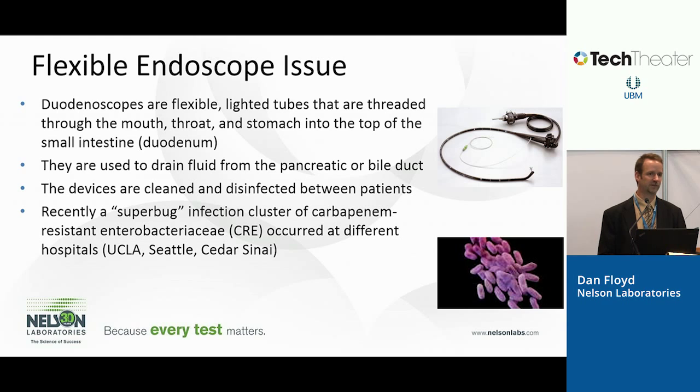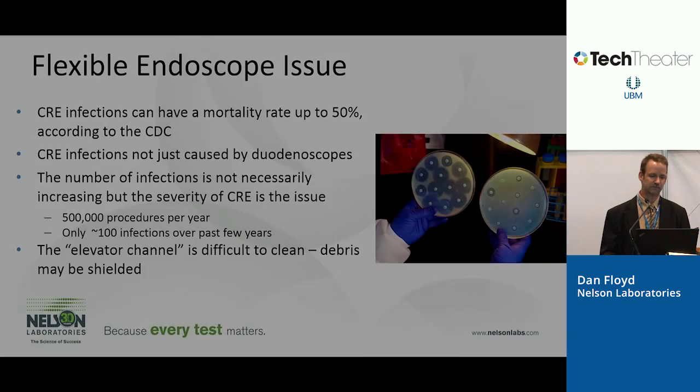Unfortunately, some of these organisms have developed resistance to that, and that's a big issue because now you have an organism that almost no antibiotic will work against. This got a lot of media attention because a few patients died. I think at UCLA, two patients died because of this, and so it's been in the media a lot. It's been a big issue.